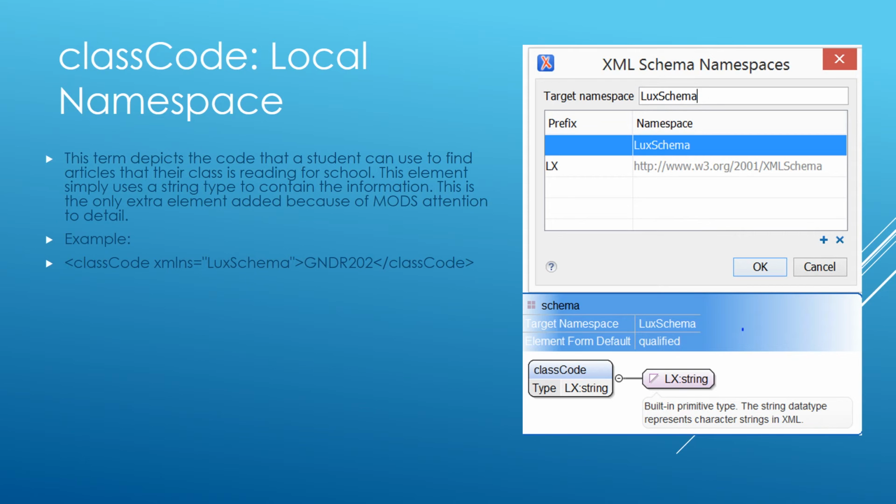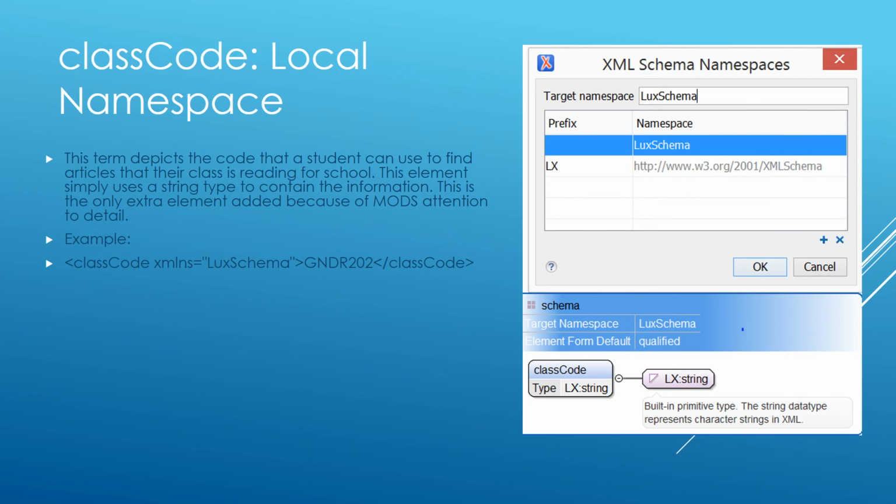So this was my particular addition to the MODS schema, or for the application profile. I combined MODS and this schema. And this was just my unique idea. It depicts the code that a student can use to find articles their class is reading for school.